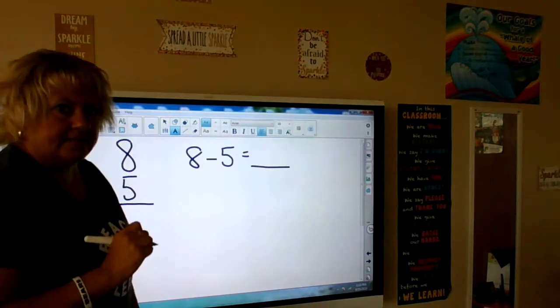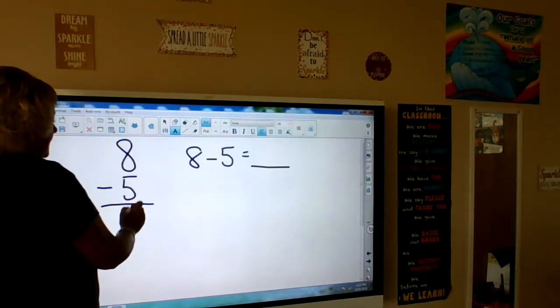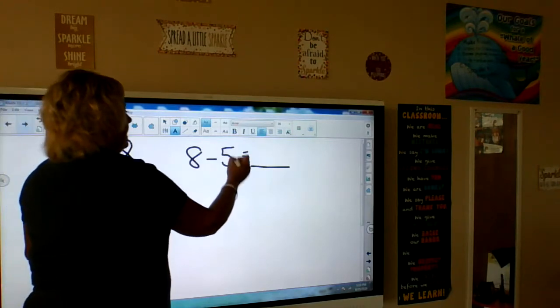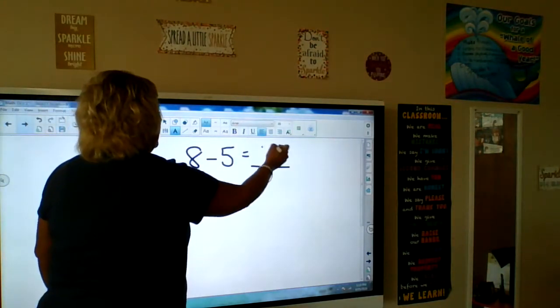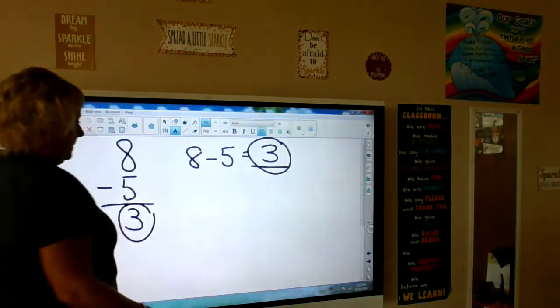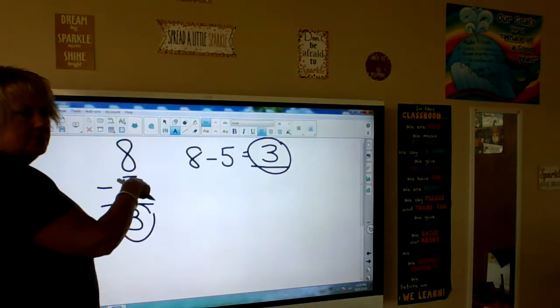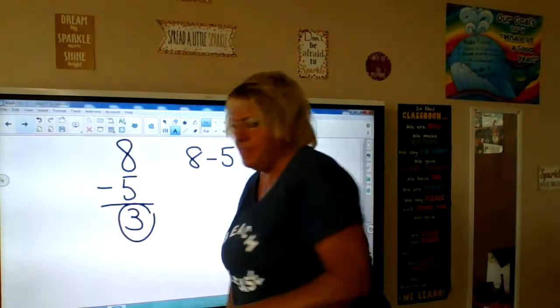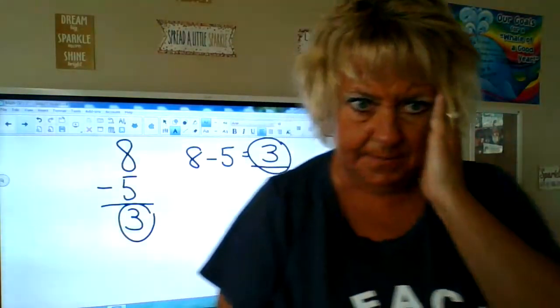The whole has to come first. 8 take away 5 is 3. Horizontally, 8 minus 5, or 8 take away 5 is 3. I get the same answer. So you subtract the same way, no matter if you're adding up and down or across. And that's what we're going to work on today.